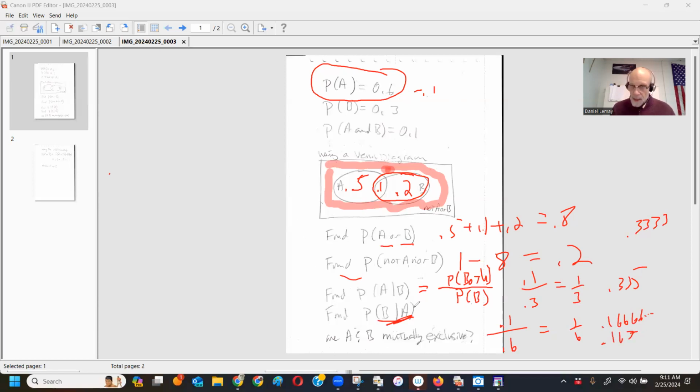Okay, so sometimes people get a little confused with these conditional probabilities. Just remember, when you're doing a conditional probability, you do the probability of both divided by the probability of whatever that second thing is.